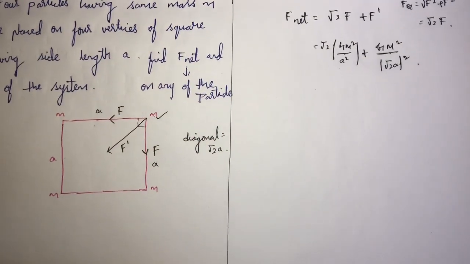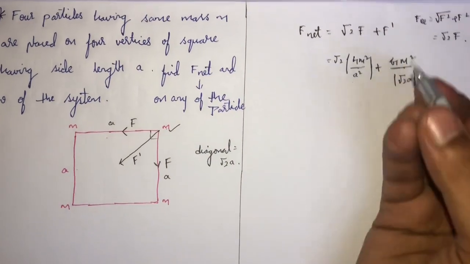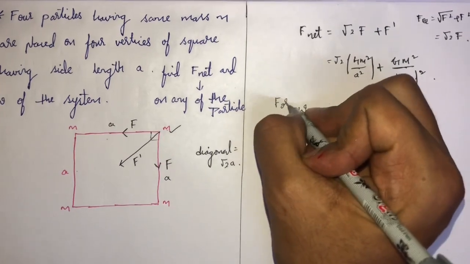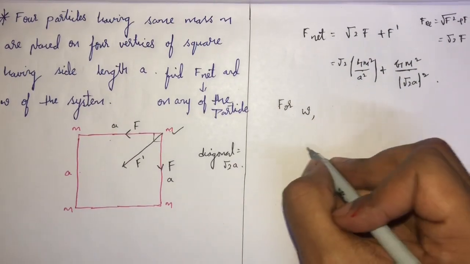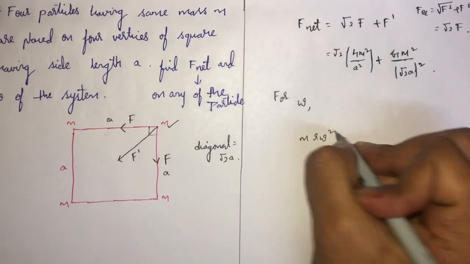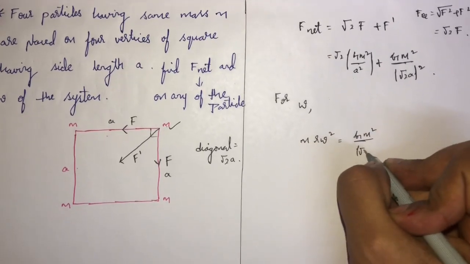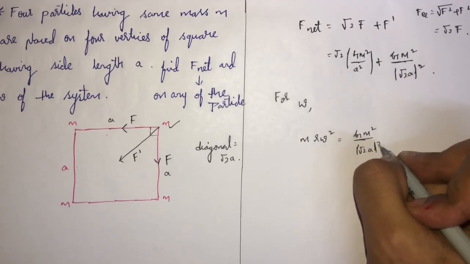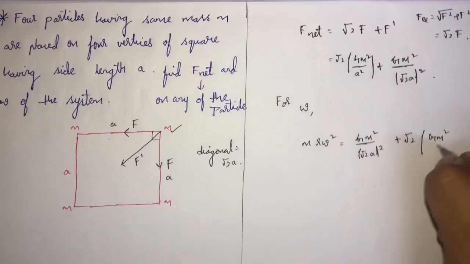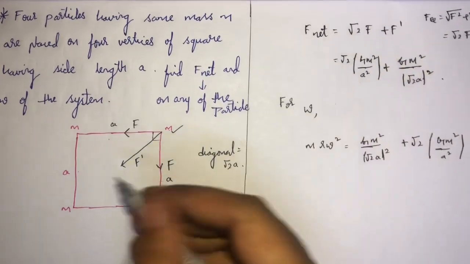Clear. Then they even ask us for the omega of the system. What will be the omega of the system? For omega, the value of F net will be equal to m r omega square, which equals GM square by root 2 a whole square plus root 2 GM square by a square, where the value of r will be half of the diagonal length.